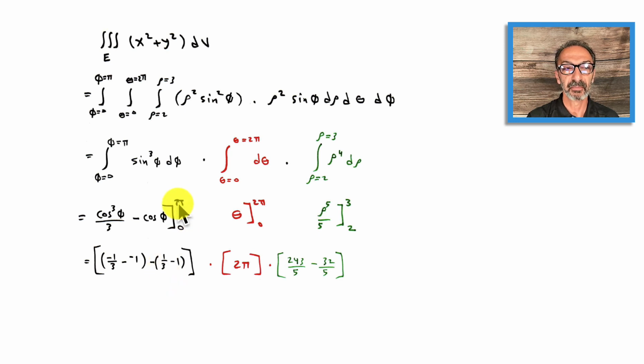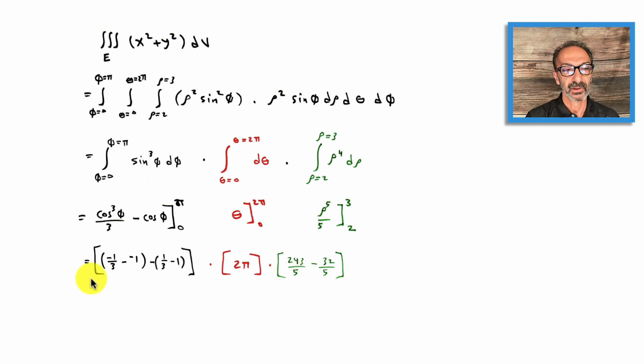When you plug in pi all the way to the left, that's cosine pi, which is negative 1. Negative 1 cubed over 3, negative 1 to the 3rd will be negative 1. It's going to stay negative. And plug in 2 pi, plug in 0, you just get 2 pi. Plug in 3 to the 5th over 5, that's 243 over 5. Plug in 2 to the 5th, that's 32 over 5, and simplifying.